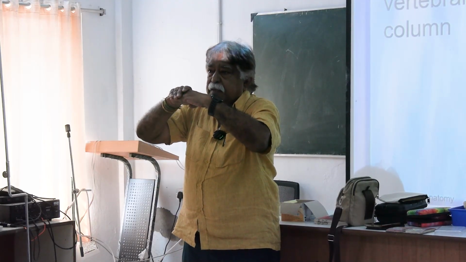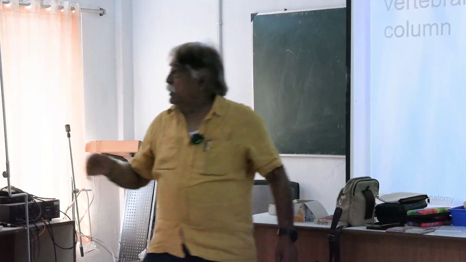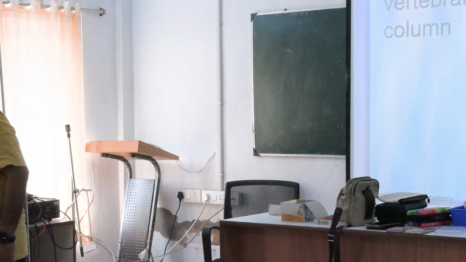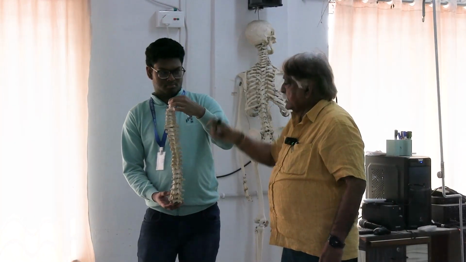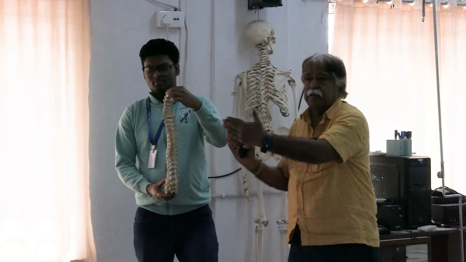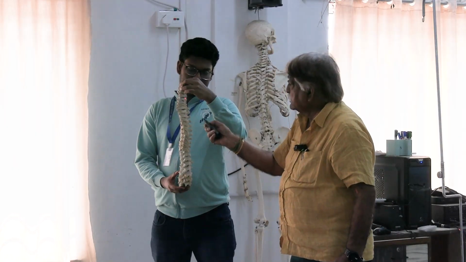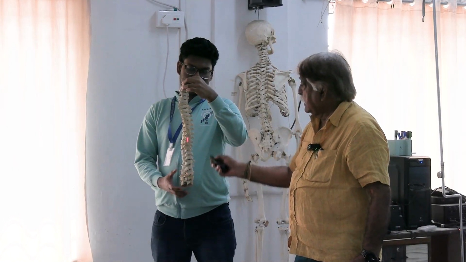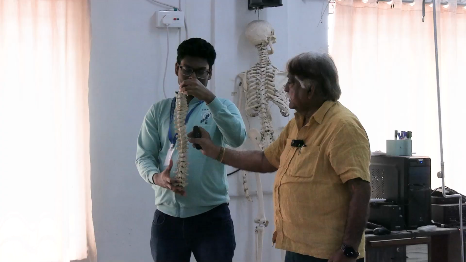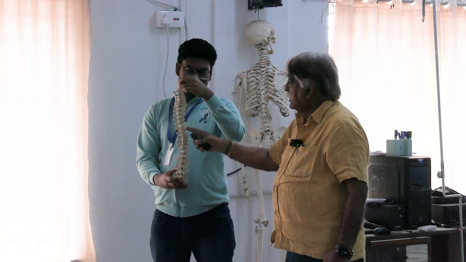Now in this condition, the vertebrae are one after the other. You see it in this lateral aspect. Now you can see the spines here. The spines. And these are the processes.